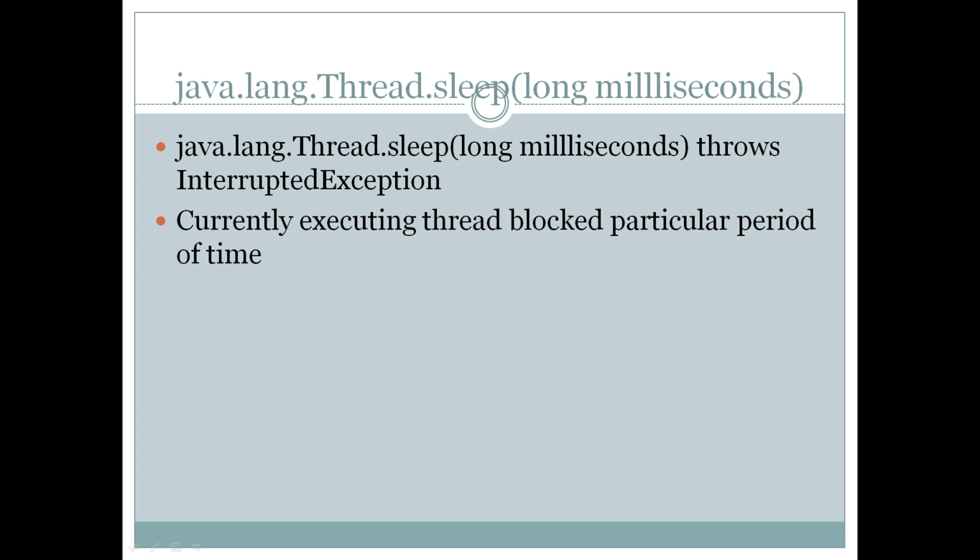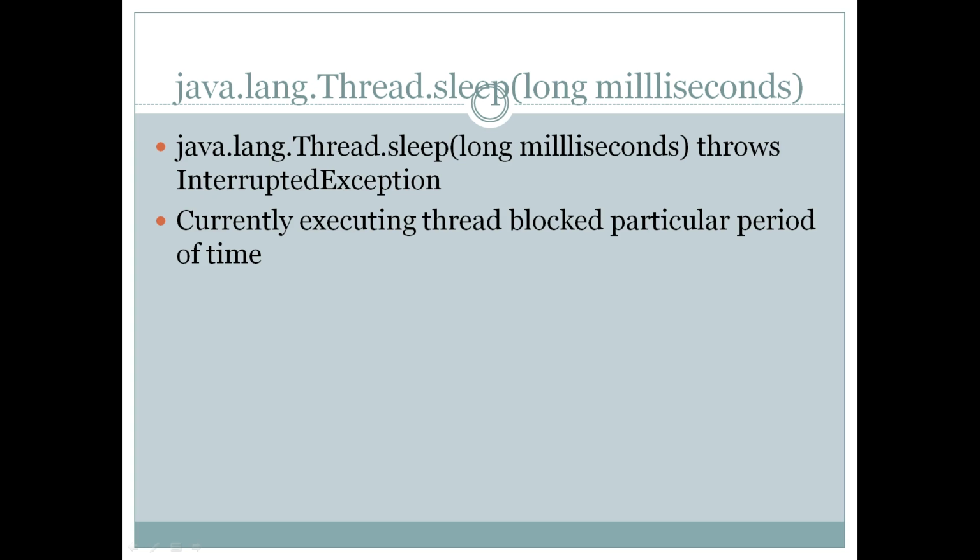Okay, how can we call the sleep method? Actually, it is a static method. There is no need to create a thread object separately. Even if you have extended the Thread class, you may use it through that instance, but generally it is a static method.